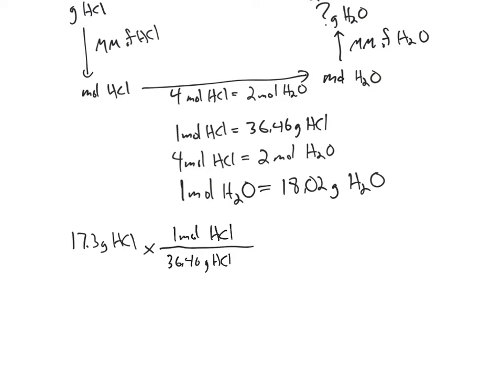And what I sometimes like to do is check them off as I use them. So I don't have to look at that anymore. I've used that one. So now I need to get rid of moles of HCl. So I'll use the second one. I've used that one.